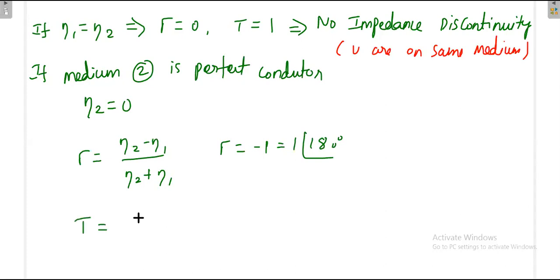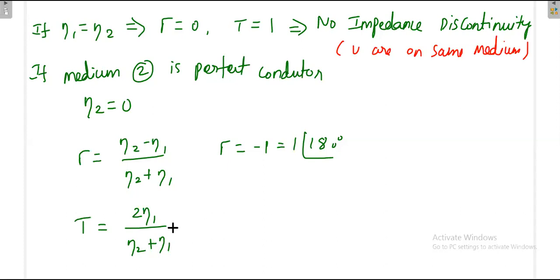What is the transmission coefficient? Using 2 eta 1 divided by eta 2 plus eta 1, from this formula I think the transmission coefficient has to be 0, but it is coming as 2.